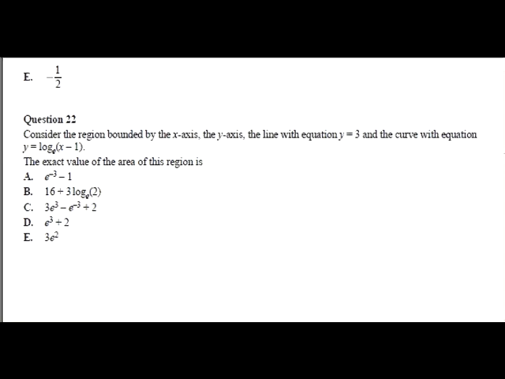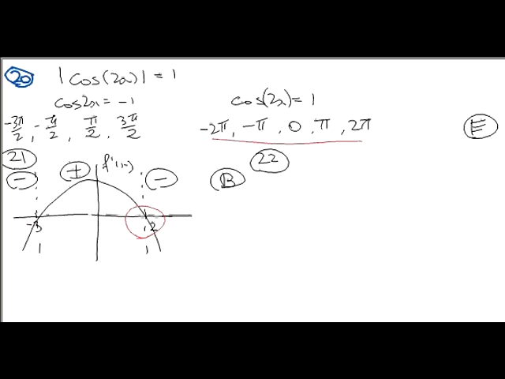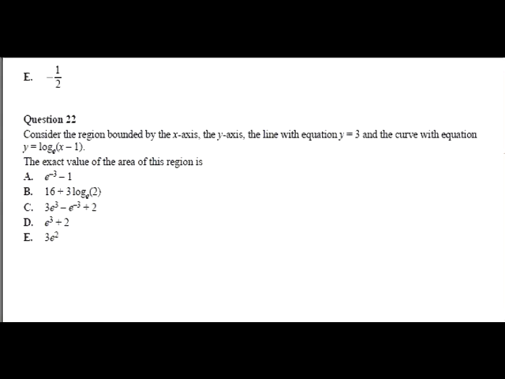It's bound by the x-axis, y-axis, the line y equals 3, and y equals log of x minus 1. We've got the x-axis, y-axis, and the graph of y equals log of x minus 1.